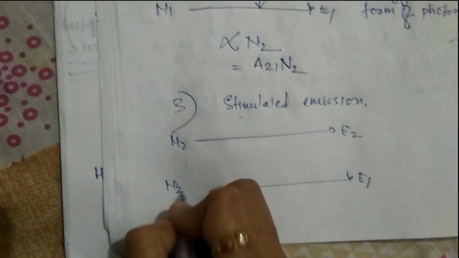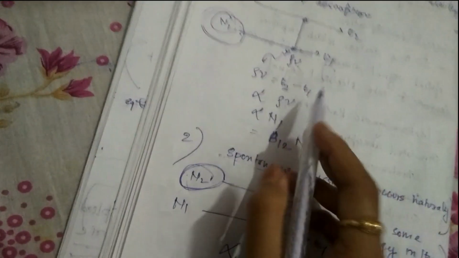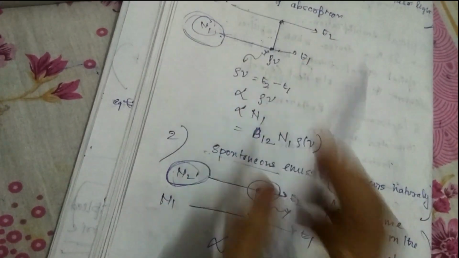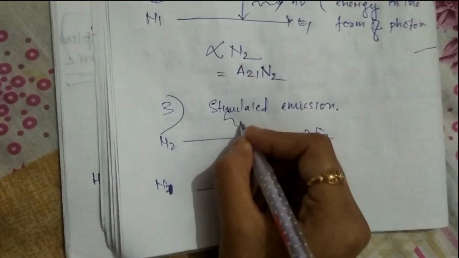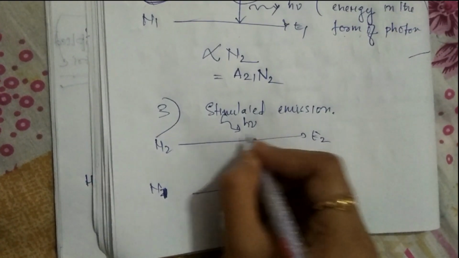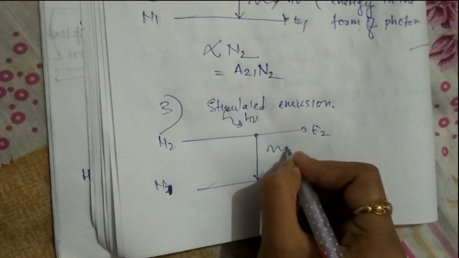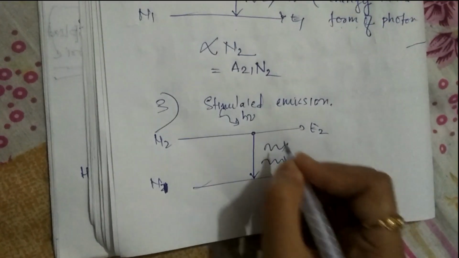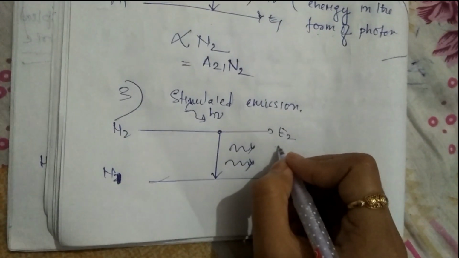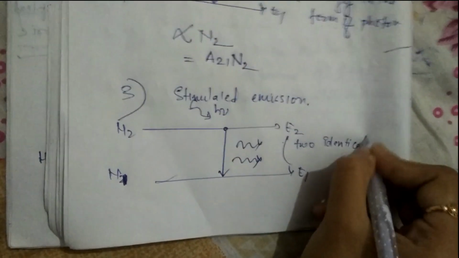In this case, instead of supplying energy to the level E1 as we did in stimulated absorption, if we supply energy rho nu to the electrons in the level E2, then there will be a transition, and during the transition it will emit some energy in the form of two identical photons.